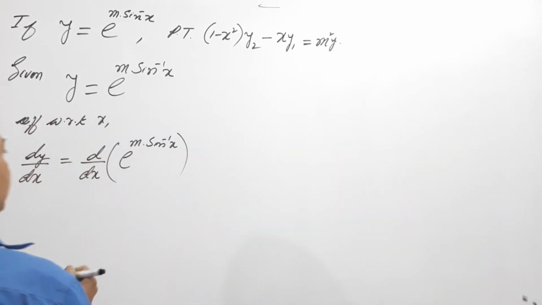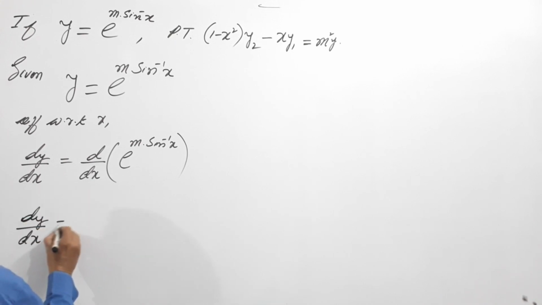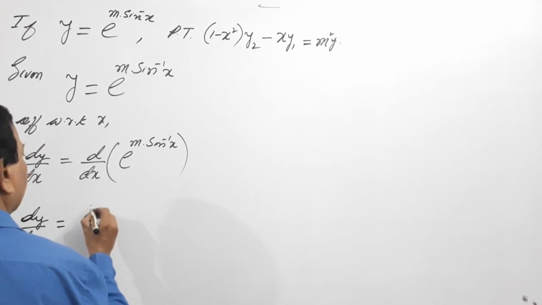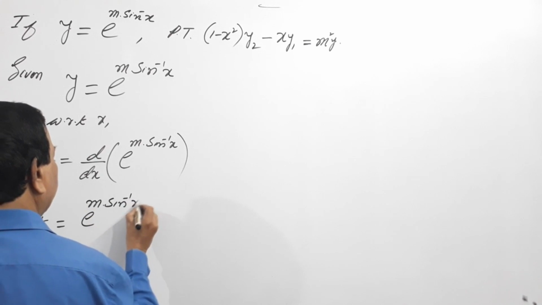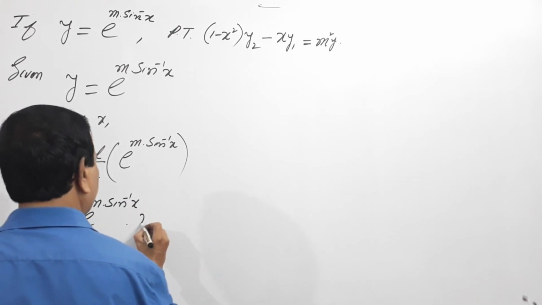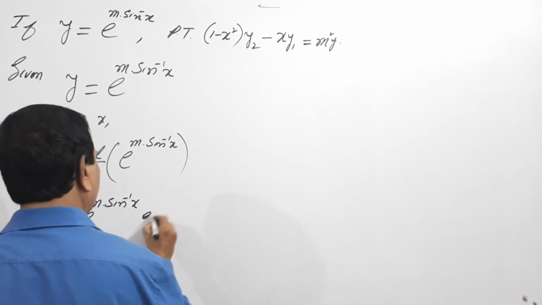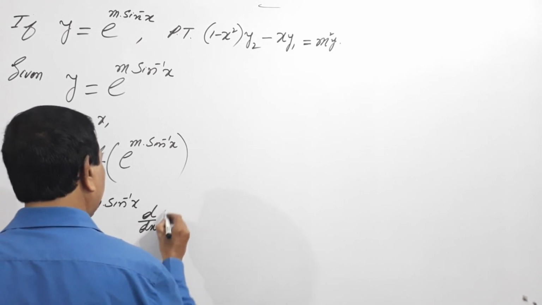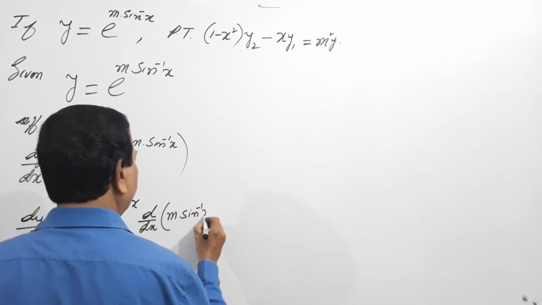So what happens if we differentiate this? dy by dx equals e to the power of m sin inverse x into d by dx of m sin inverse x.